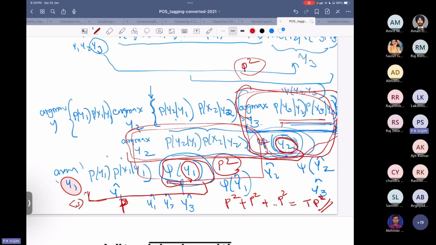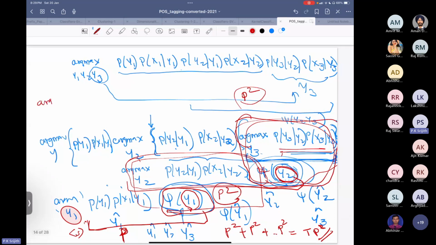Many times when you want to do prediction, you need to do some argmax over y of p of y. But depending upon the way you model p of y, you can bring this max operation inside and you can perform efficient inference.